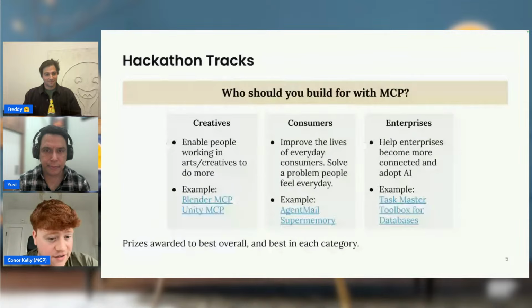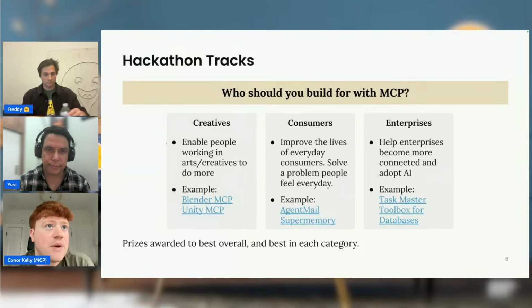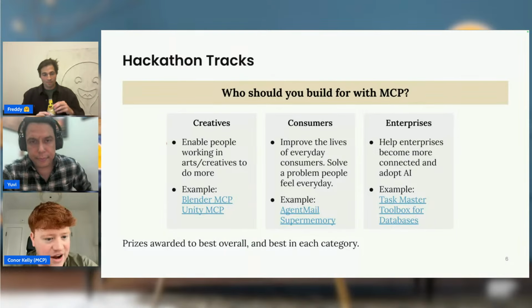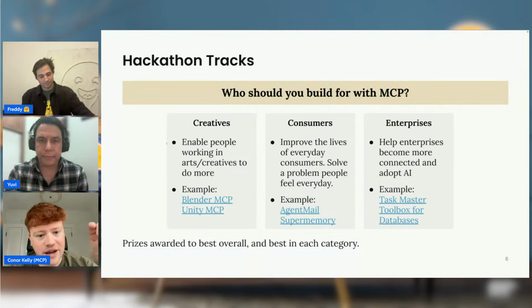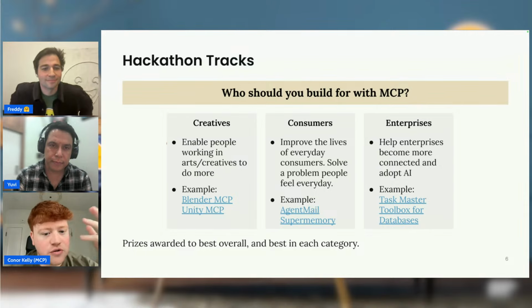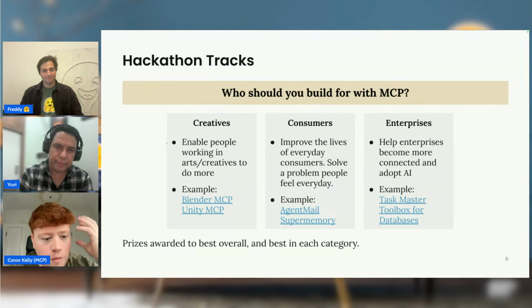On the tracks side of things, what we're looking for on the MCP track is servers being built in the creatives industry, the consumer sector, and enterprises. So just to double click on what that means, for creatives, we're looking for someone to build something that will help artists, filmmakers, anyone doing creative work to just do more, be more productive, and expand their creative scope.